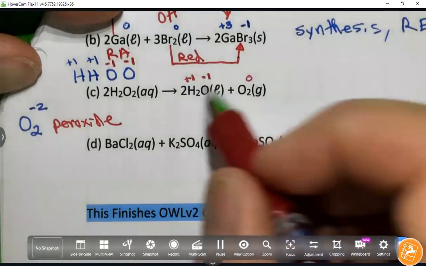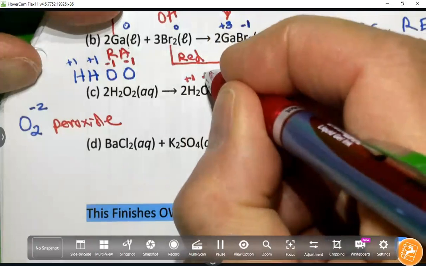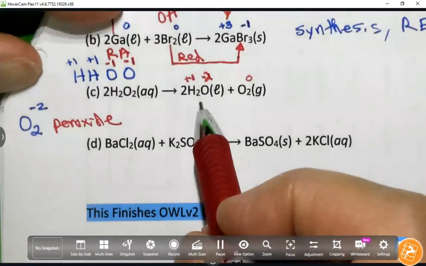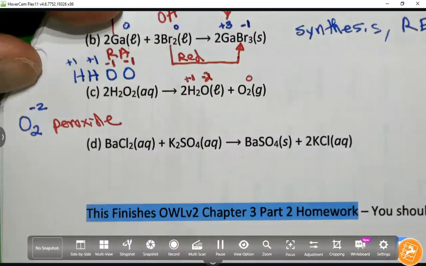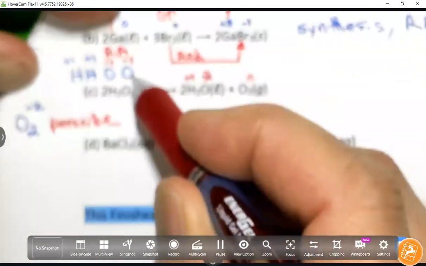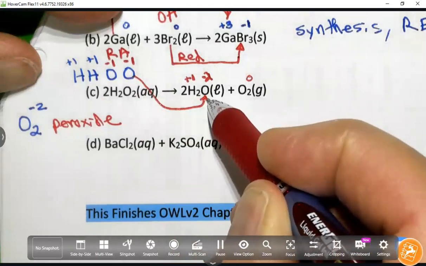Why is there a -1 sitting right here? This is a 2, right? This is a -2, right? In water, +1 -2. All right, so here's what we've got. In the peroxides, one of these is going to a -2.